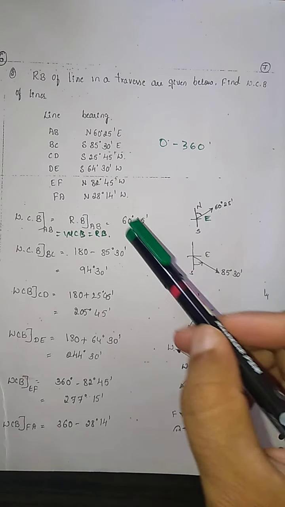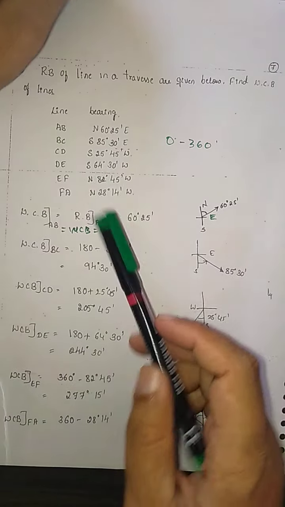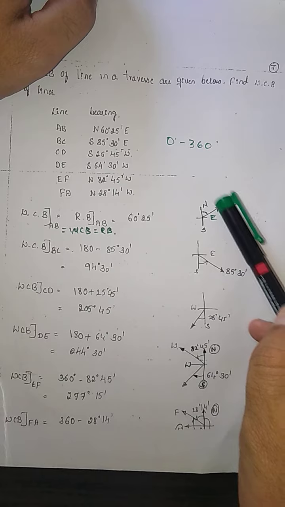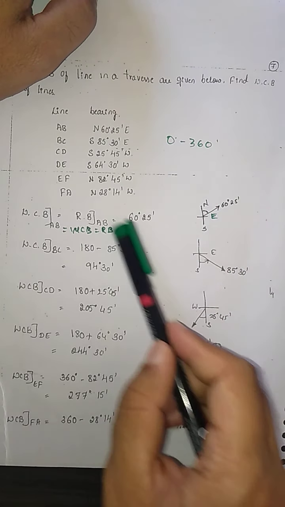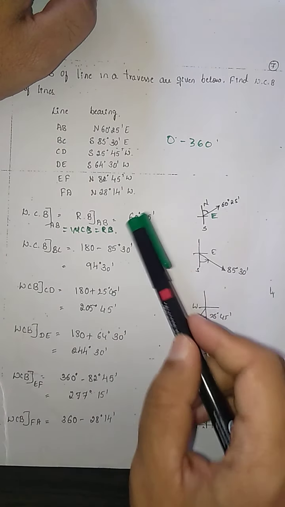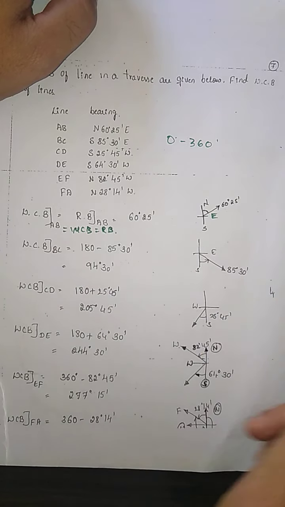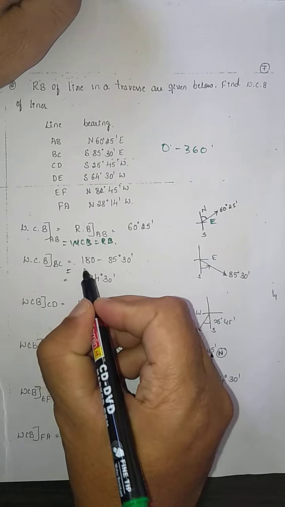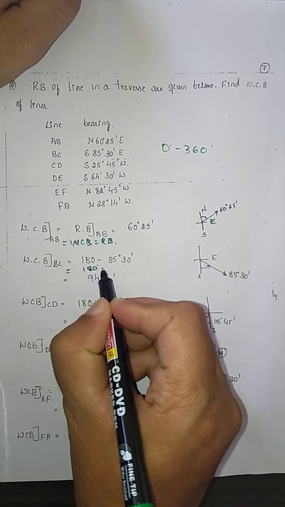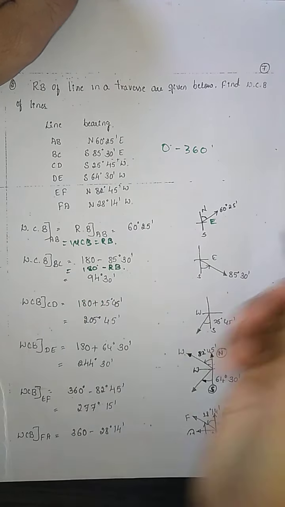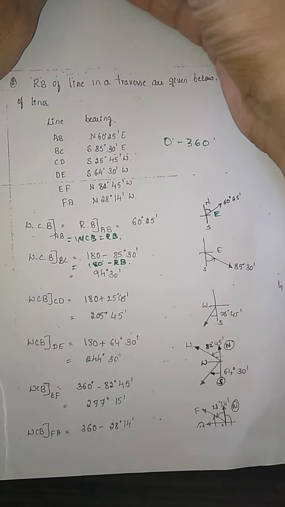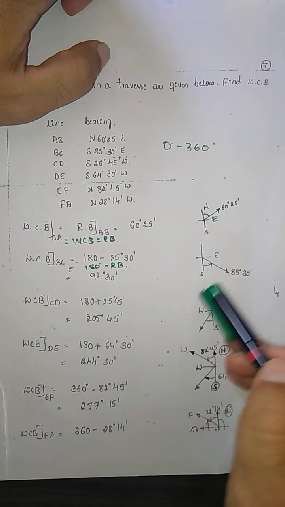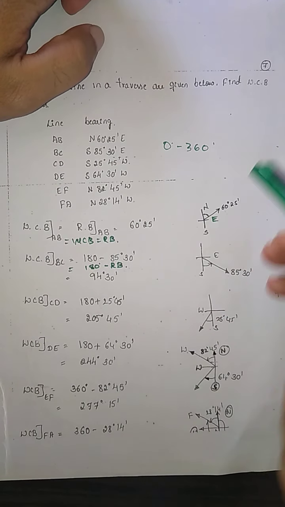So here, north 60 degree 25 minutes falls under the first quadrant, so you are going to have the angle 60 degree 25 minutes, because WCB equals RB. Then the second one comes under southeast, which is the second quadrant.